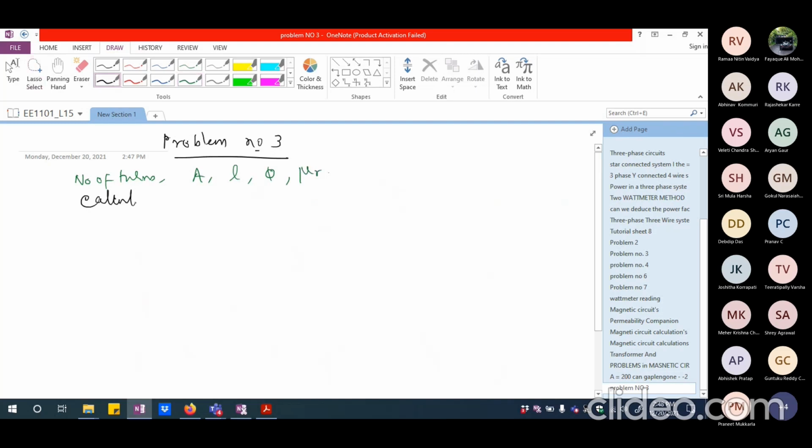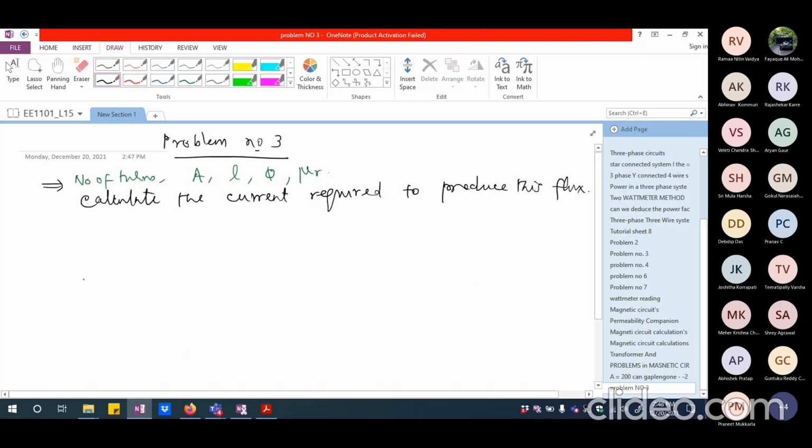Calculate the current required to produce this flux. That is what is being asked.